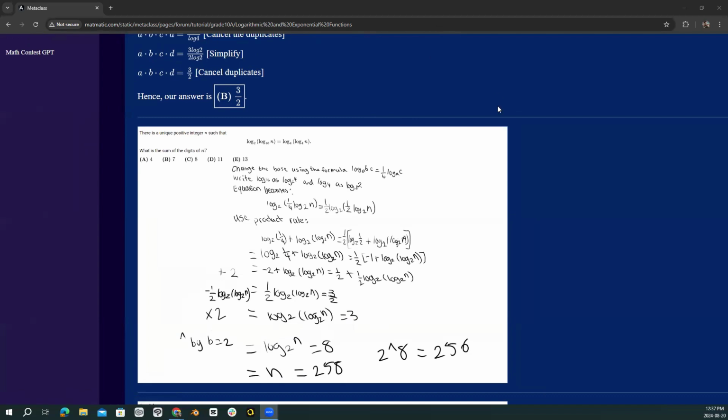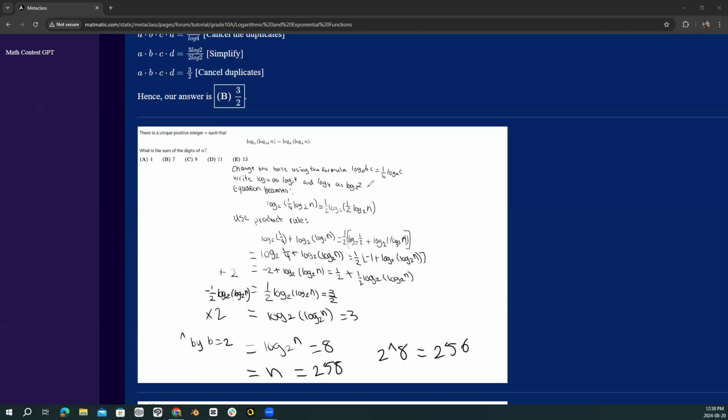Since this is already in logarithmic form, there's no need for us to do any converting between exponential and logarithmic form. So we can first change the base of this equation using the formula log base a^b of c equals 1/b log base a of c.